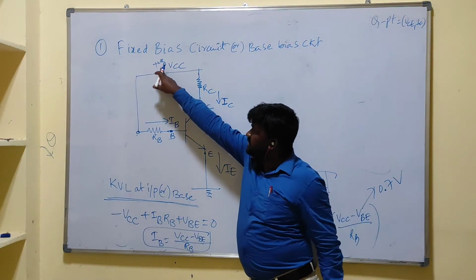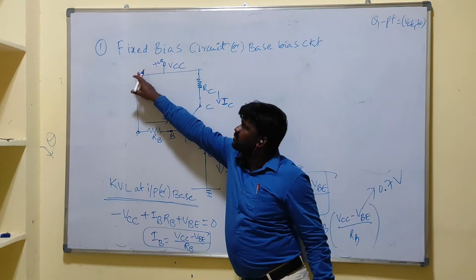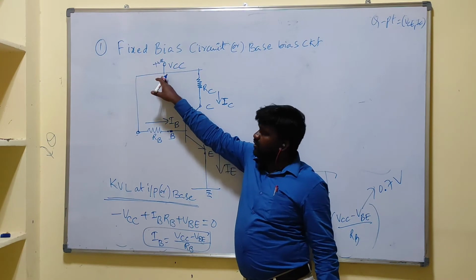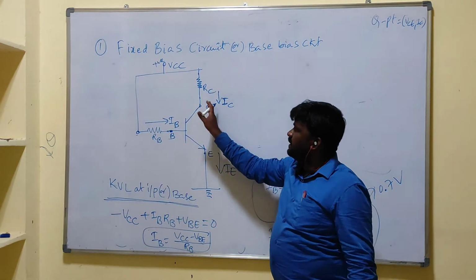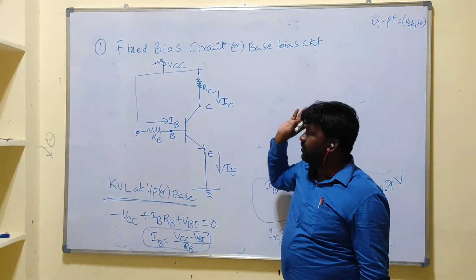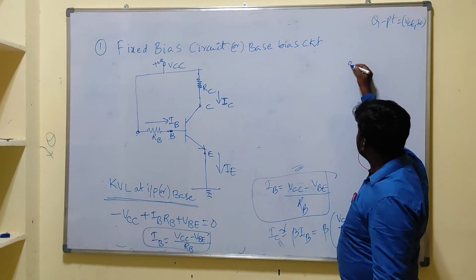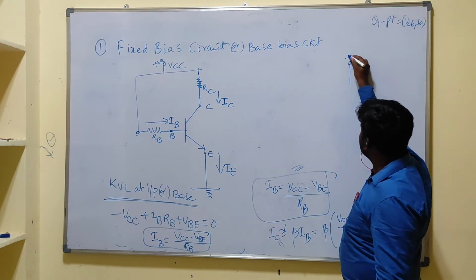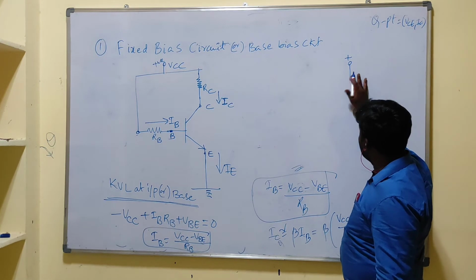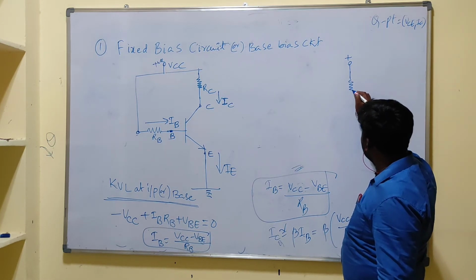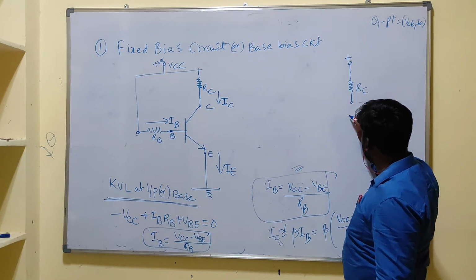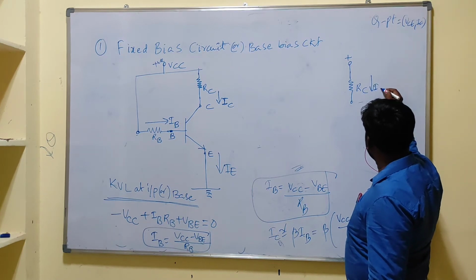This VCC is not a potential difference between this point and this point. It is the point potential that is connected to the base and the collector. That is the supply voltage. So here we have VCC, positive, and here we have a resistor RC at the collector terminal, with current IC.